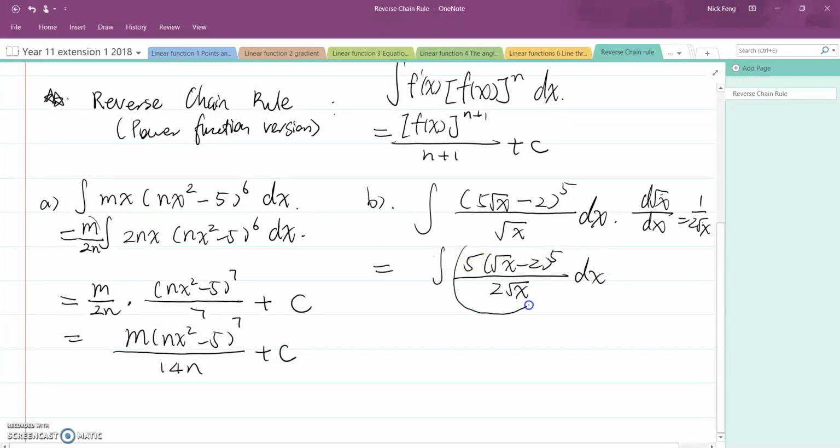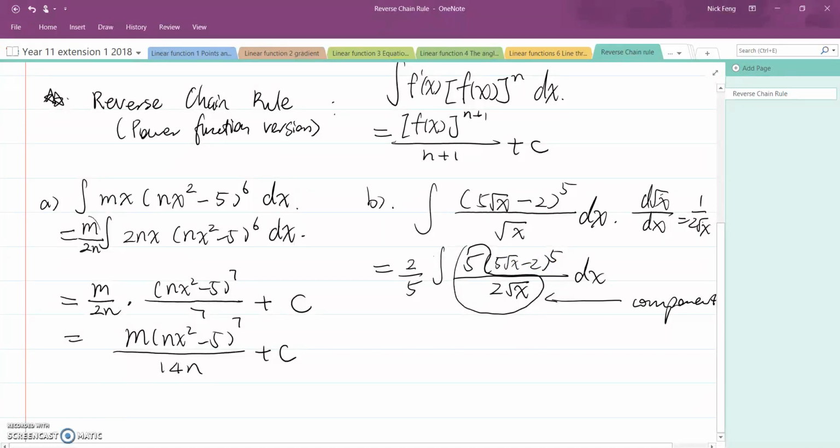Now, this is the component. That's what you need for the integration as a whole thing. And of course, as usual, you can't actually just write this. You need to balance that out because you have none of these. Oh, sorry about that. That should be 5 root x minus 2.